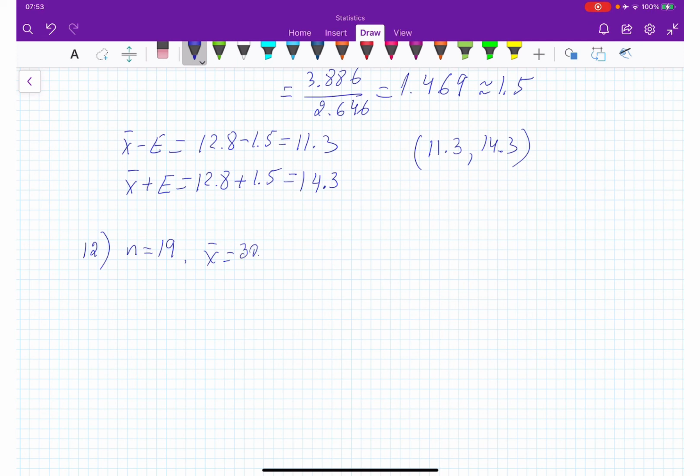Why I don't put mu, I put x bar? Because it says in random sample of 19 people. This 30.1 is about 19 people, the average time to commute. And the standard deviation for these 19 people, but because it's sample, we're going to use S, is equal 7.3 minutes.